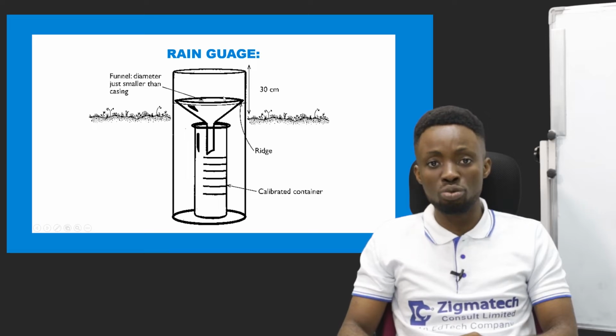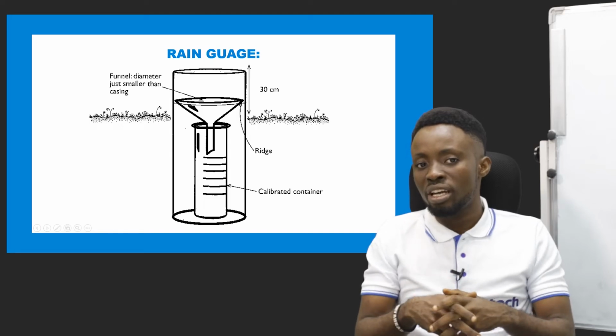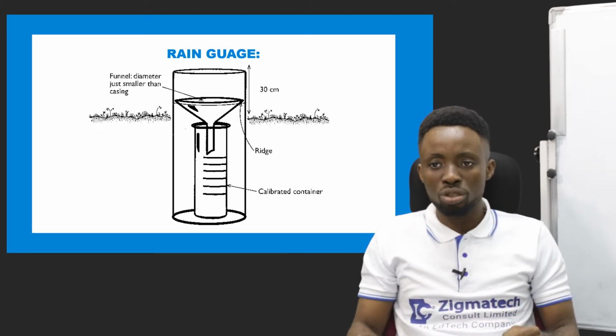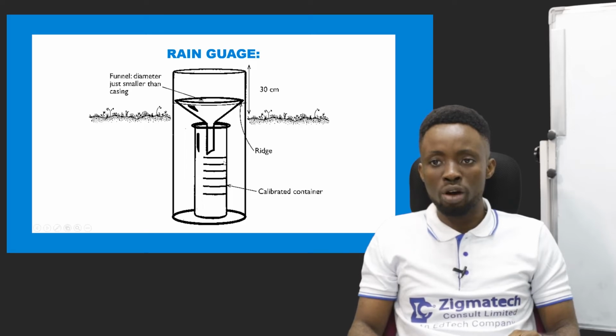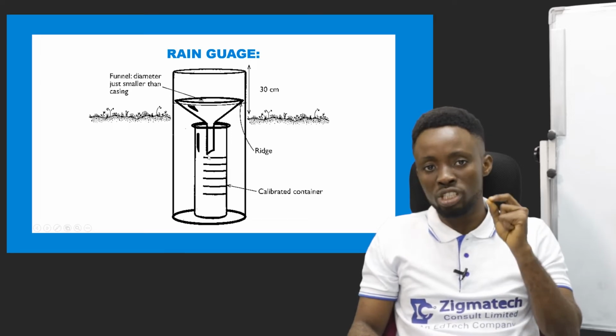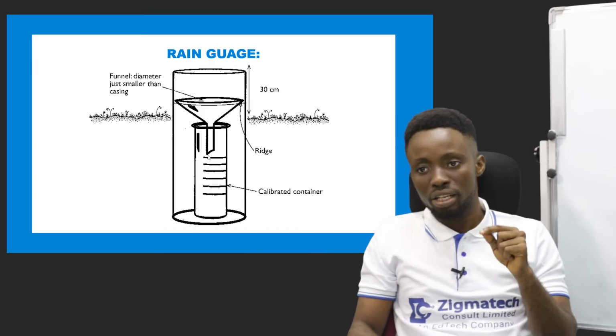This is to prevent splash or irregularity in the amount of rainfall being measured. So when the rain is over, we pick up this rain gauge and read the value of the calibrated glass bottle or the calibrated inner cylinder. The value of the water will give us the amount of rainfall for that day.